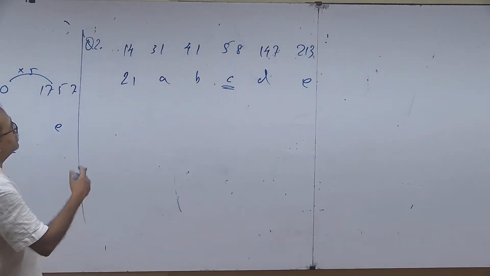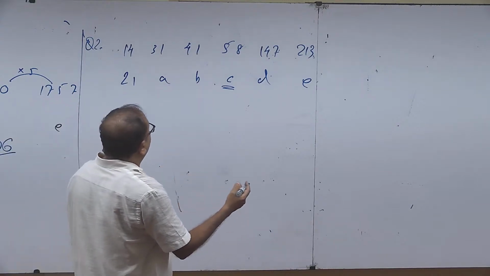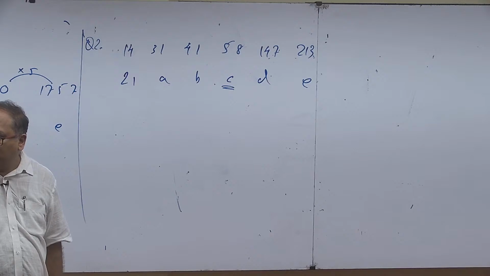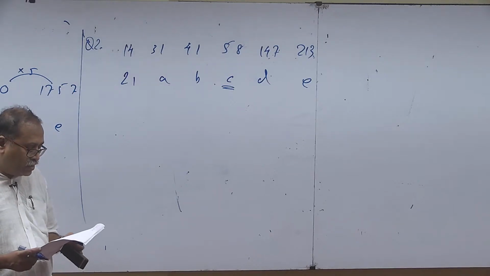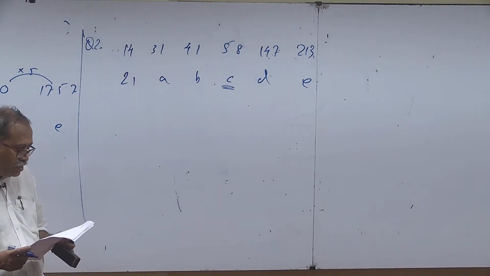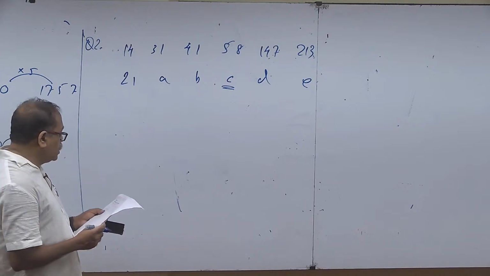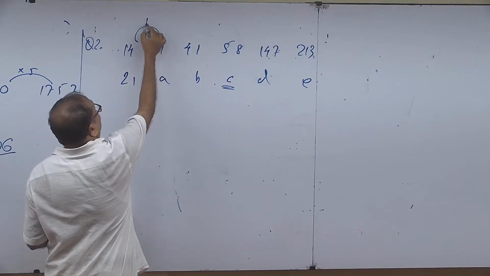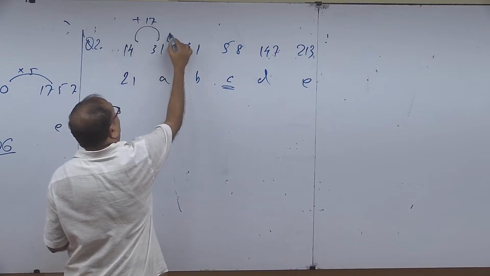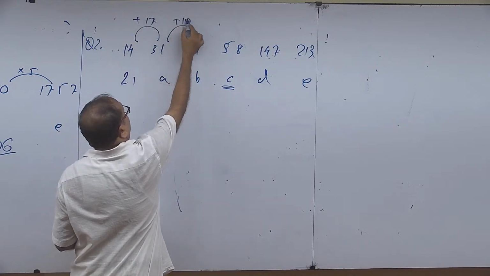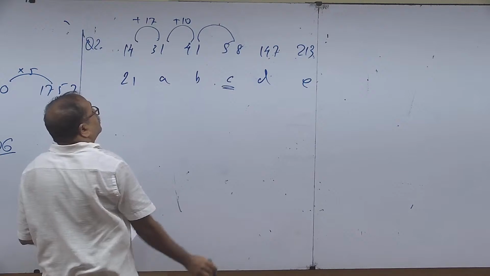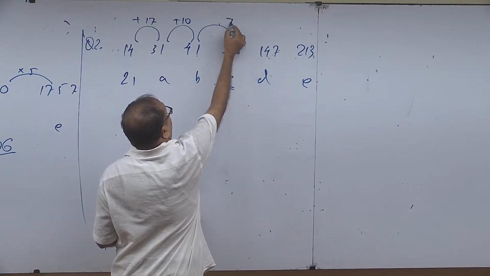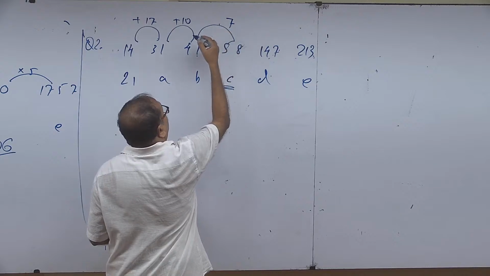Identify the way the numbers are moving. I understand that it's addition based. Yes or no? So let's find it out. From here to here it is plus 17, and from here to here that's plus 10, and from here to here it is 7 plus 1, 18, carry 1.